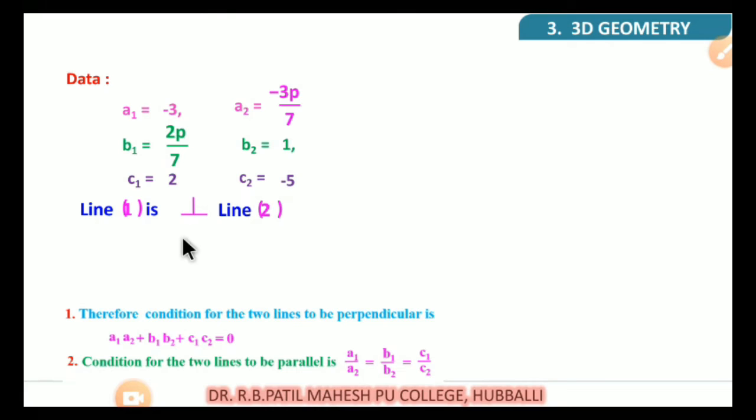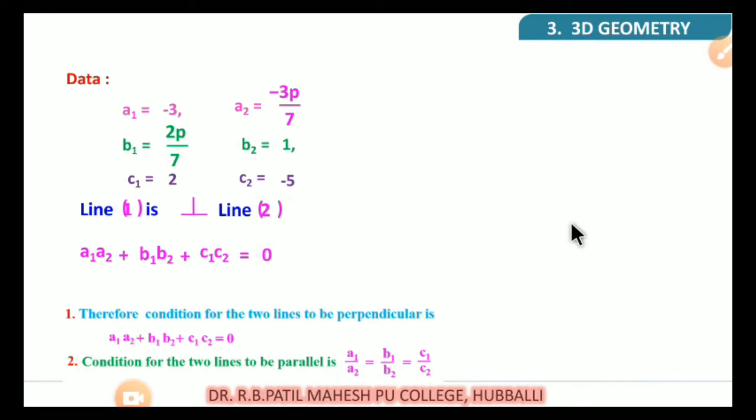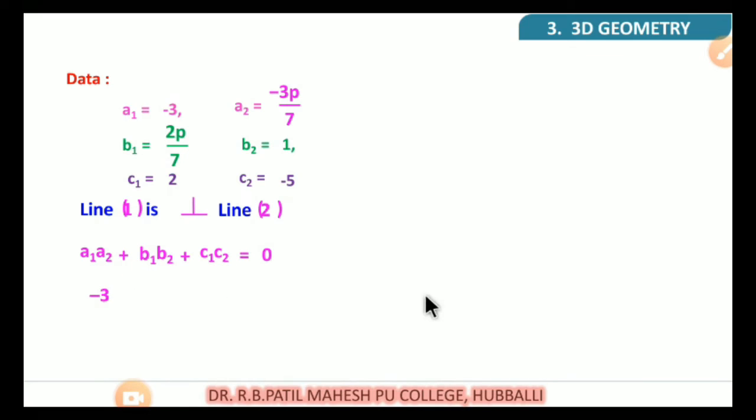So students, here we have the condition for the two lines to be perpendicular: A1 into A2 plus B1 into B2 plus C1 into C2 is equal to 0. You have to consider this first condition for this problem, because these two lines are perpendicular. Now write down all these values.